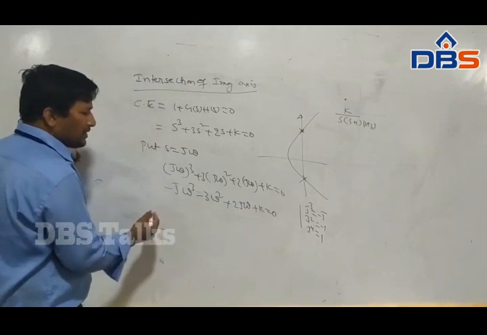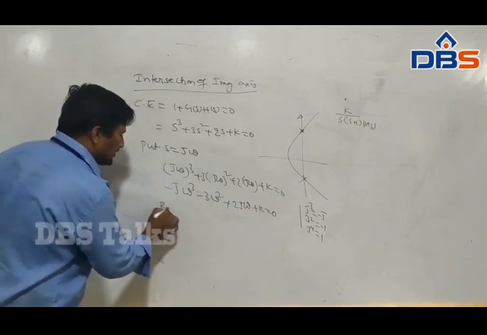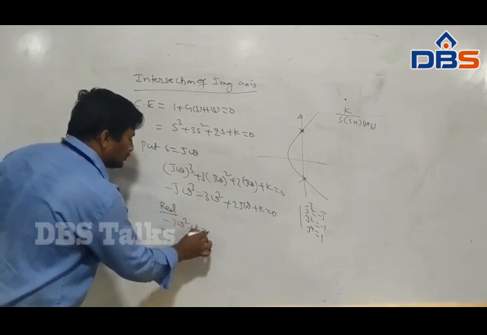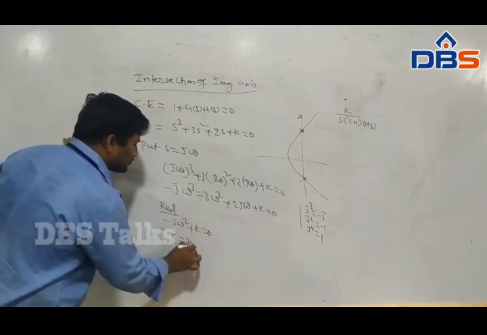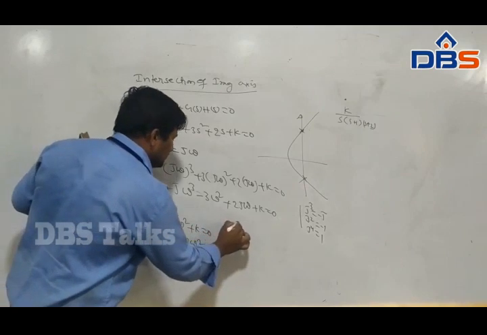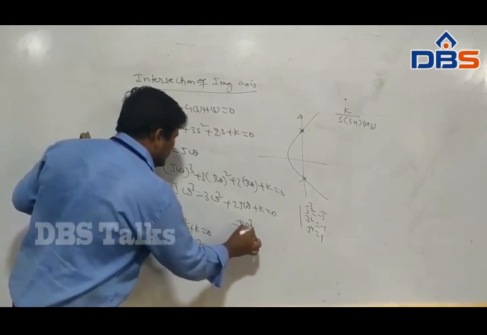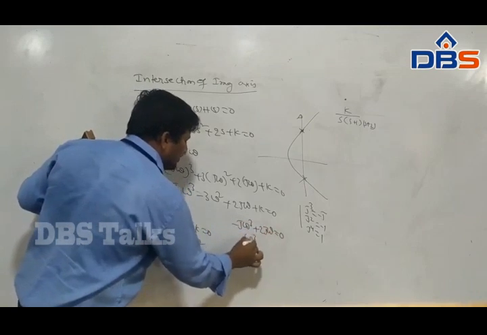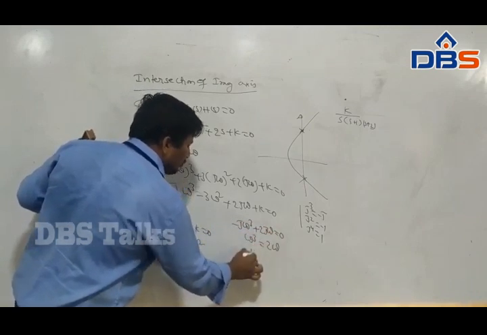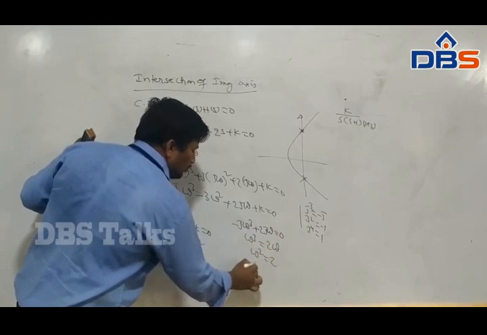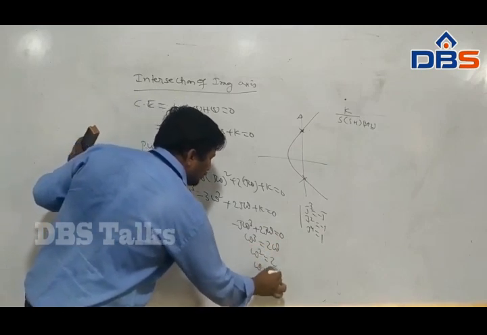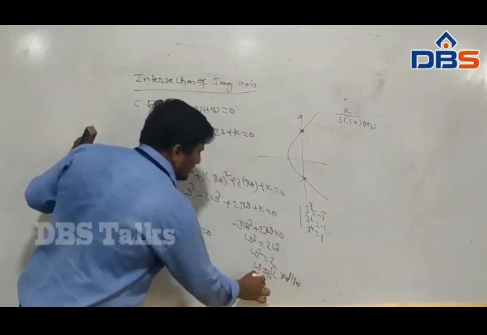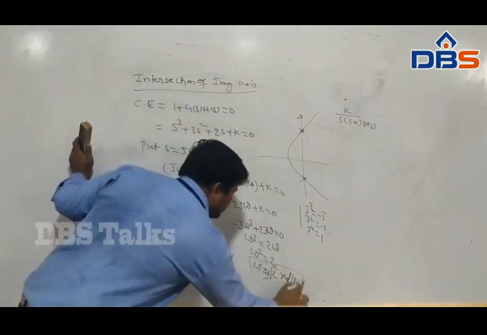Now separating the real and imaginary parts. The real part is minus 3 omega square plus K equal to 0, so K is equal to 3 omega square. The imaginary part is minus j omega cube plus 2 j omega equal to 0, so omega square is equal to 2, and omega is plus or minus root 2 radians per second.